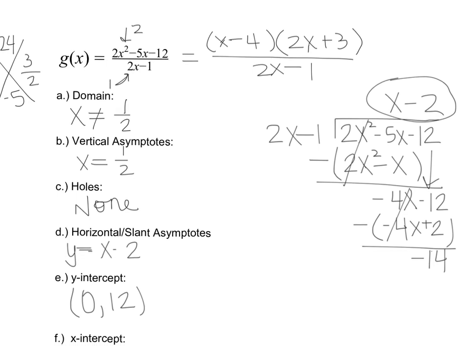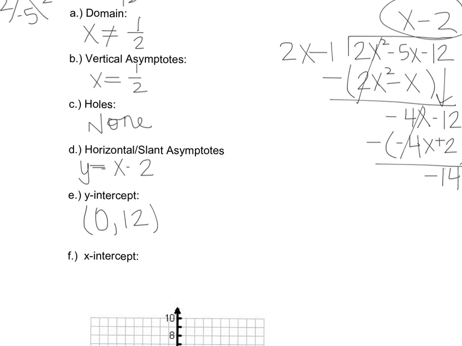So we're going to have 2 x-intercepts. One is going to be at 4, 0. And our second is going to be at negative 3/2, 0. So now we can go ahead and graph our rational function.